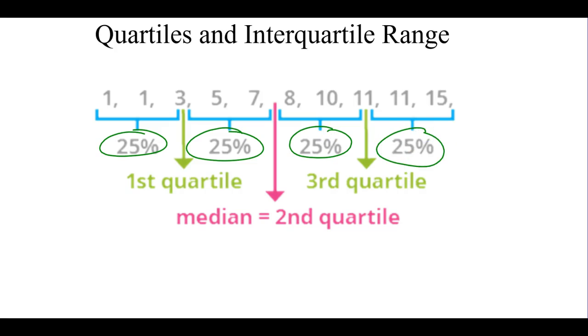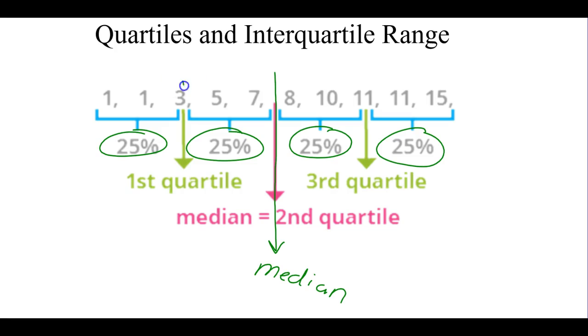Okay? The middle is the median, and it says that there. The middle is always the median. The first quartile is the median of the left half. So pretend like this is just a normal data set right here. What is the middle of the first half?